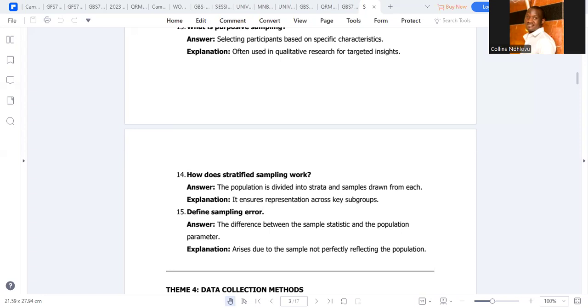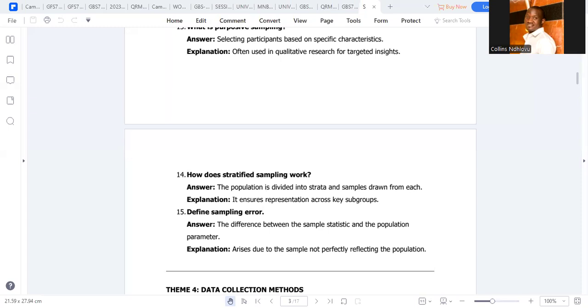We also have observer bias. What is observer bias? It occurs when the researcher's expectations influence your recording. Okay? You are convinced that gay rights should be given. So even as you're interviewing, you're asking in a way that will lead people to agree with your perspective.